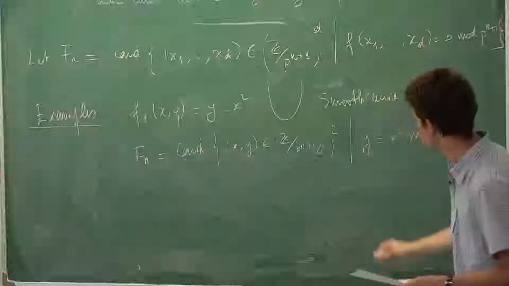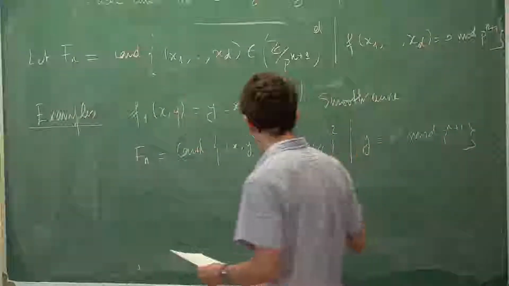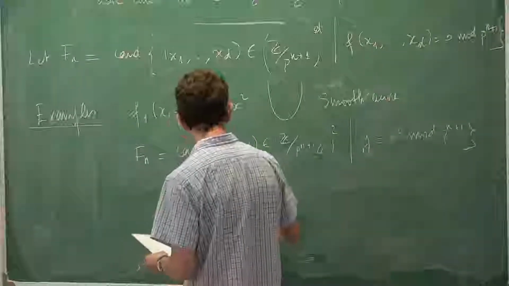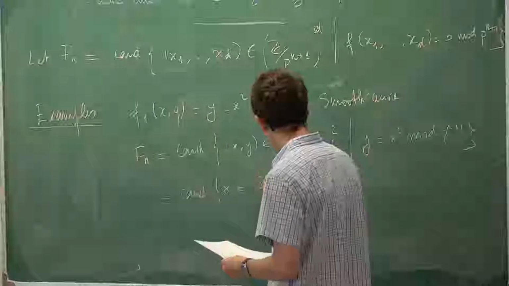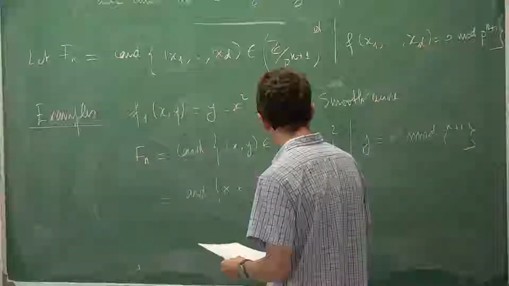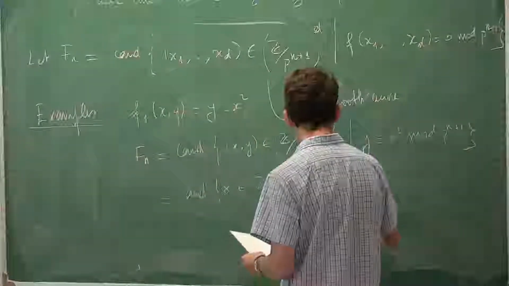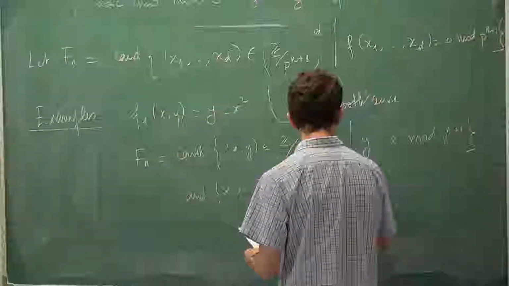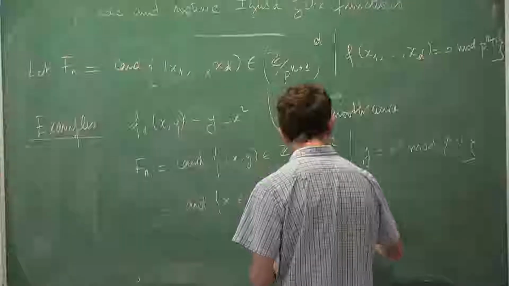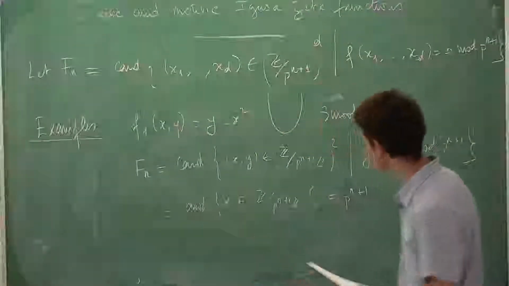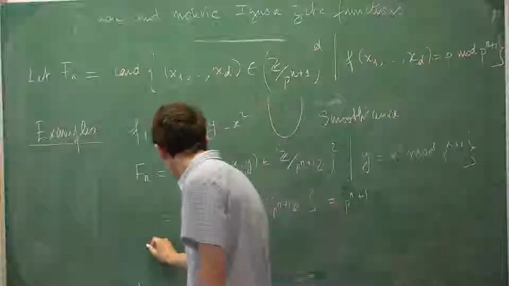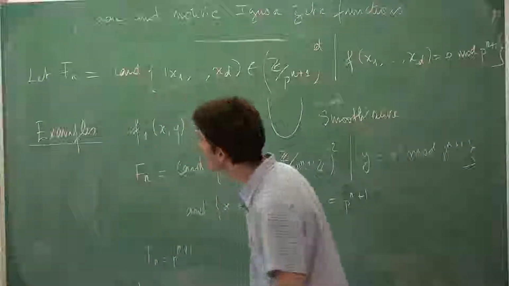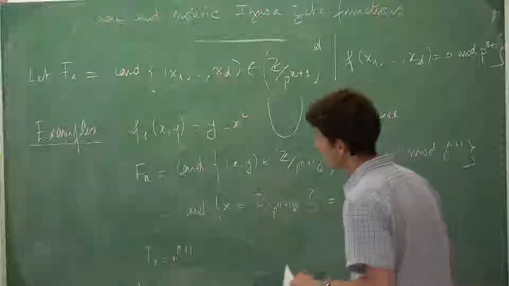So this is a graph in some sense. This is equal to the cardinal of x running over Z mod p^(n+1), so this is p^(n+1). So this is easy, Fn is that.